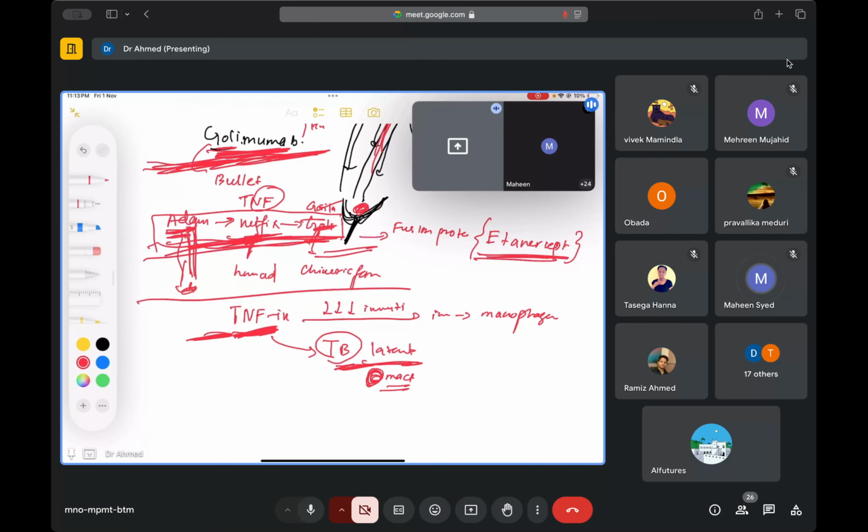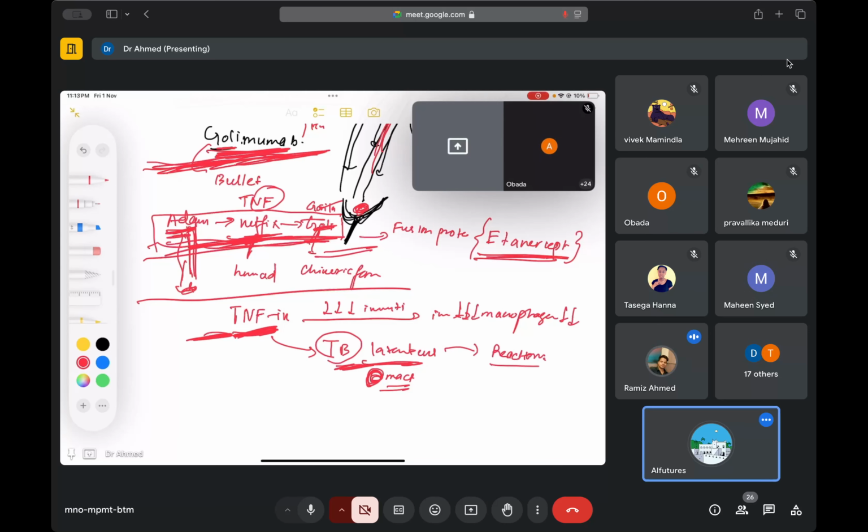If I'm giving them TNF inhibitors, it means I'm decreasing the macrophage activity as well. So, for example, if a person is having a latent infection, it can reactivate, right? You can see reactivation of the latent TB. So before giving them TNF inhibitors, you must screen individuals for tuberculosis.